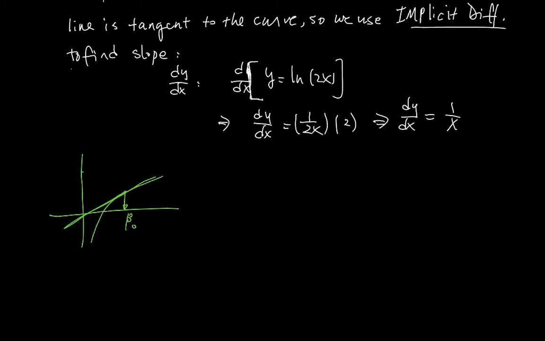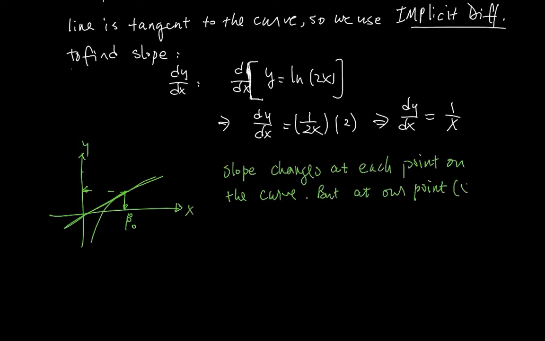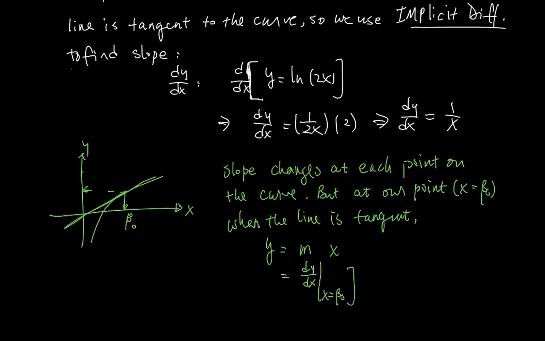Since the line we're particularly interested in goes through 0, 0, the formula for the line is pretty easy because it's y equal to mx. I don't have to deal with the y-intercept. So the slope changes according to what point I'm looking at. And for this particular one, I named that point beta 0. So y equal to mx is my line, and m is dy/dx evaluated at the point of interest, x equal to beta 0.